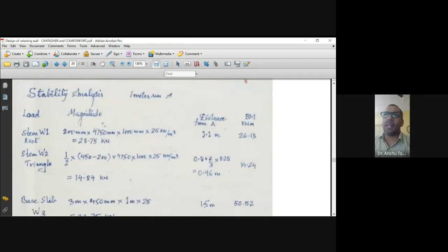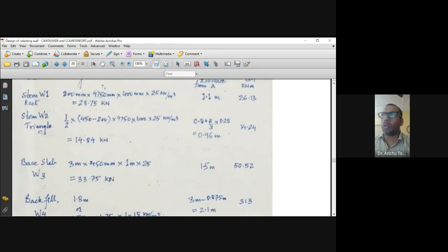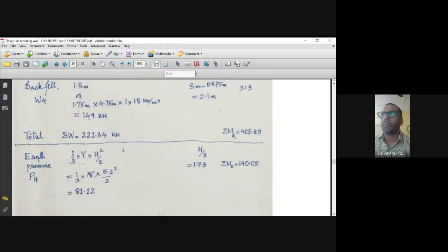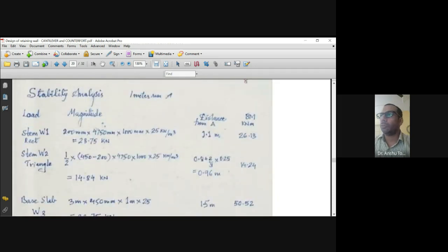So these are the stem W1, W2. This is how we are going to do, and the drawing corresponding to it is this one. This is the tapered part.